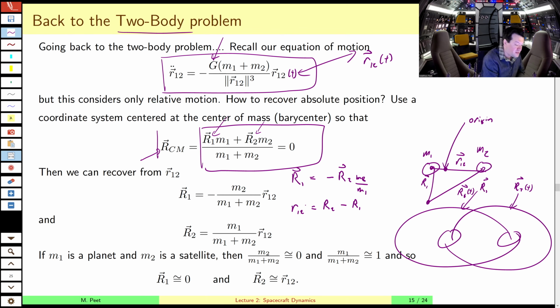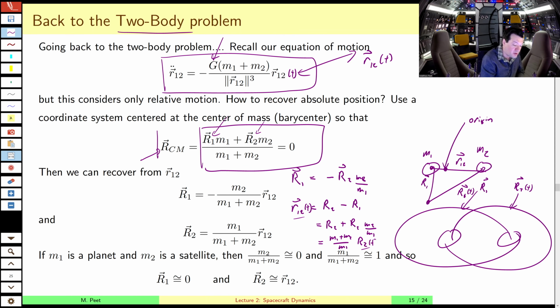And so if we have a solution to R12, if we solve for the position of R12, then by plugging in this equation here for R1, we can see it equals R2 minus, R2 M2 over M1, and then we can pull out the factor R2 there, and we get (M1 plus M2) over M1. So we can solve for R12 as a function of R2.